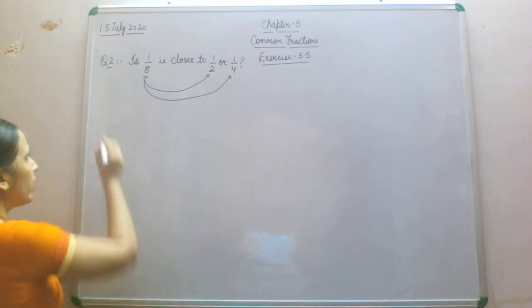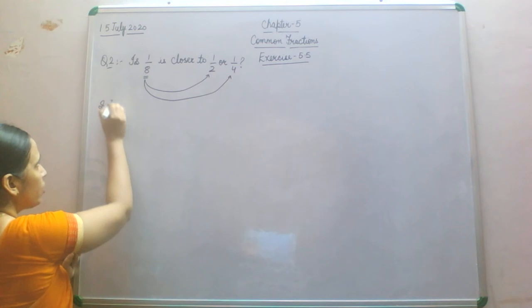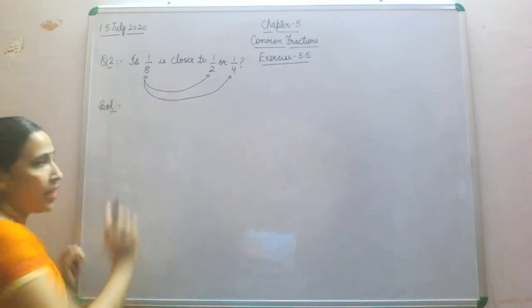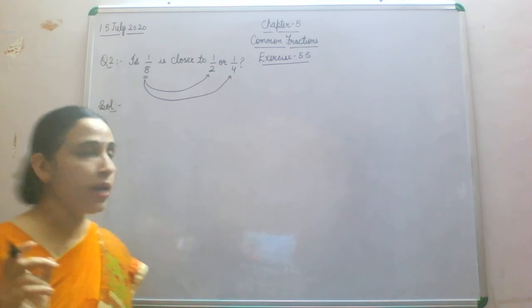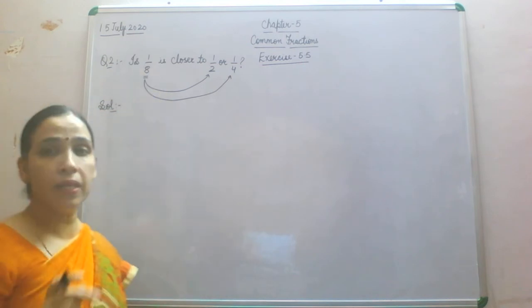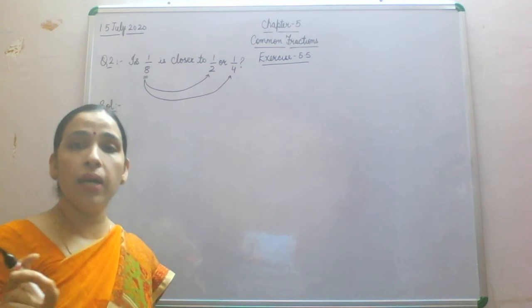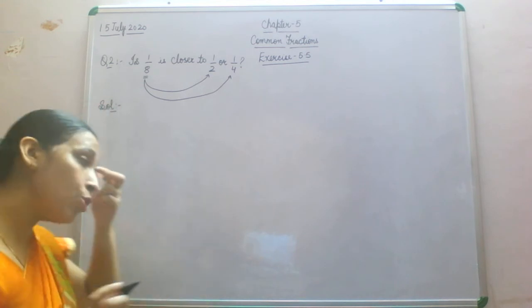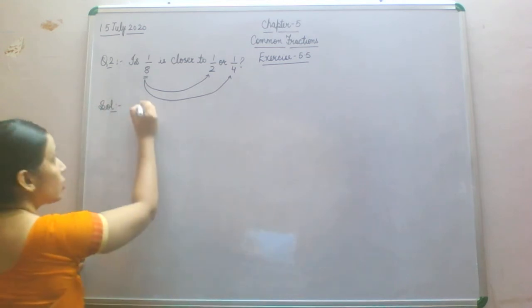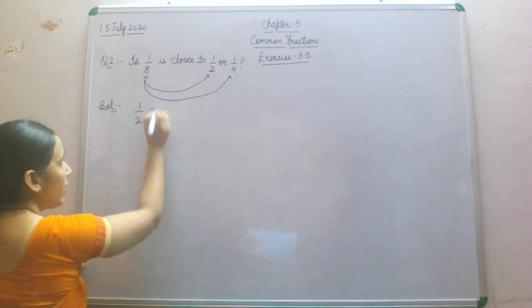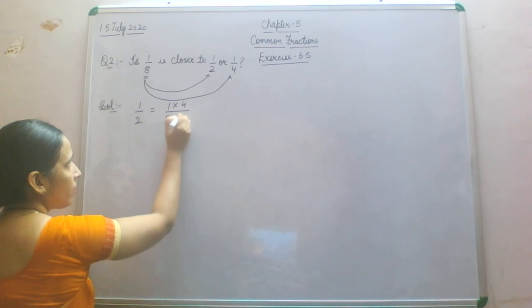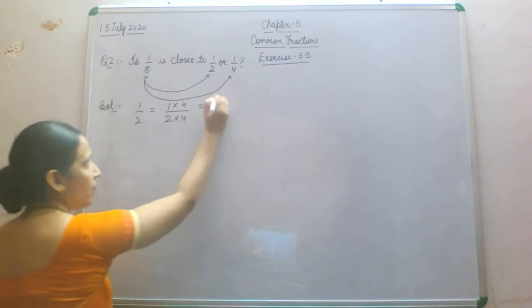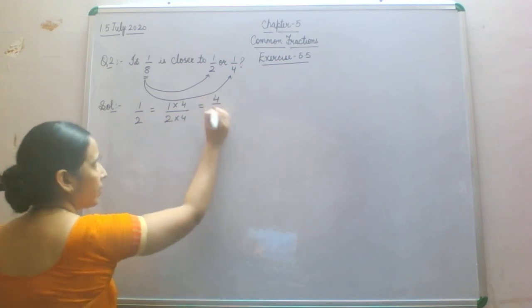So in the solution, first of all, you will change 1 by 2 into a like fraction. Here 1 by 8 is there, so the denominator required is 8. 1 by 2, 2 will be multiplied by which number so that it becomes 8? Here you will multiply by 4, because 2 4s are 8, so that will become 4 by 8.